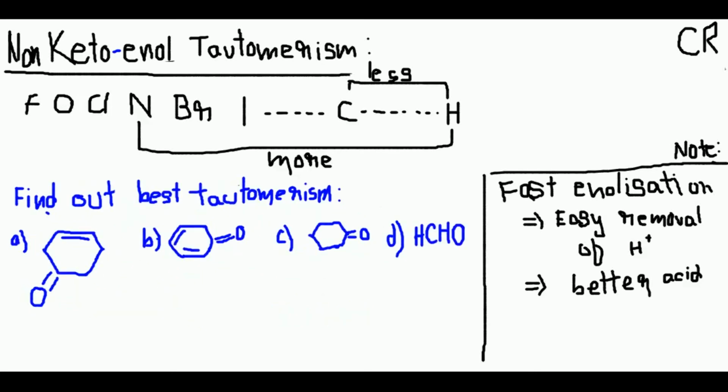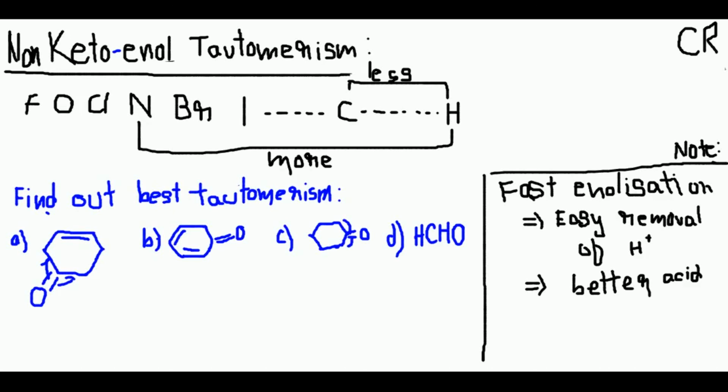Next problem, find out the best tautomerism. So in A, this double bond can shift here or this can shift here. In both cases the molecule will not be stable. Now coming to C, it can shift here or it can shift here, but the molecule will not be stable.